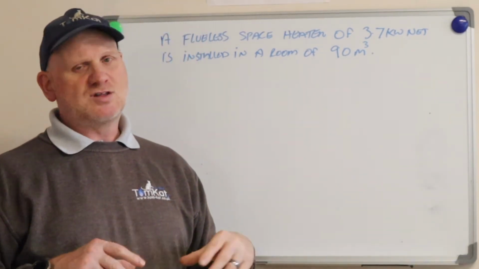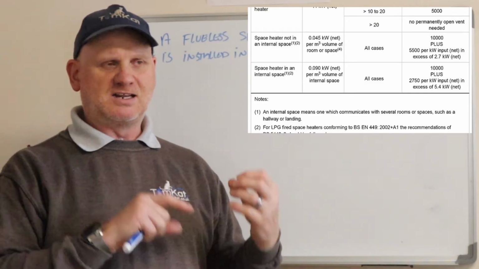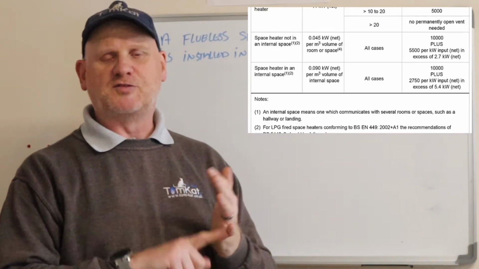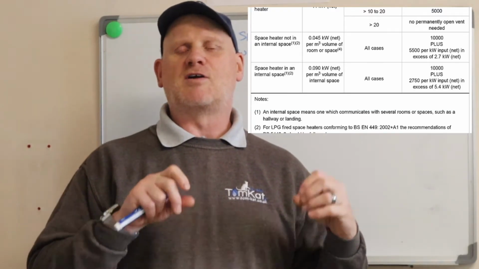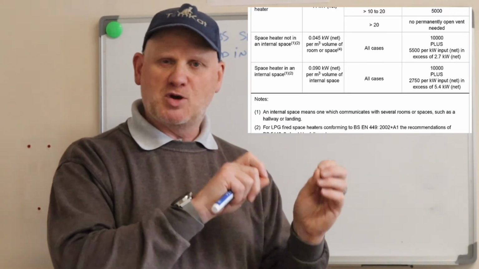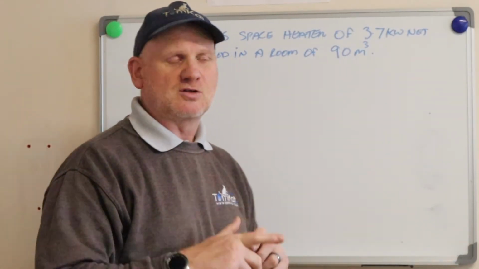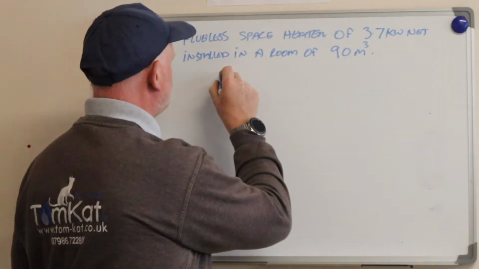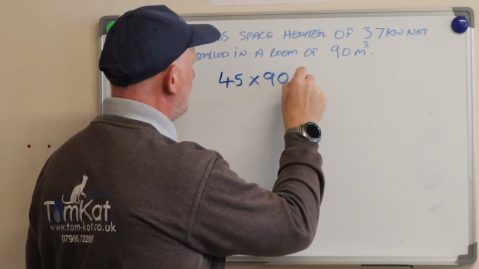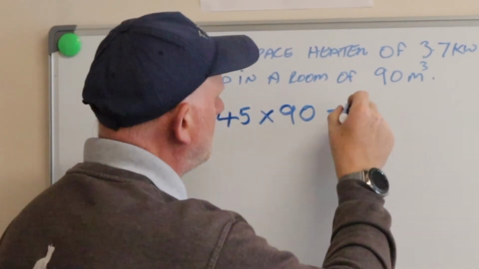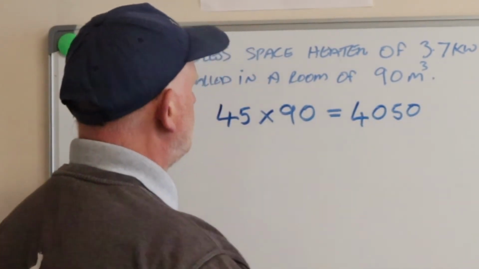Now, according to the standards, a flueless space heater in a living room comes under what's called 45 watts per metre cubed. That means we are allowed 45 watts per metre cubed of that room. So let's look at that. So 45 times 90 equals 4050 watts.